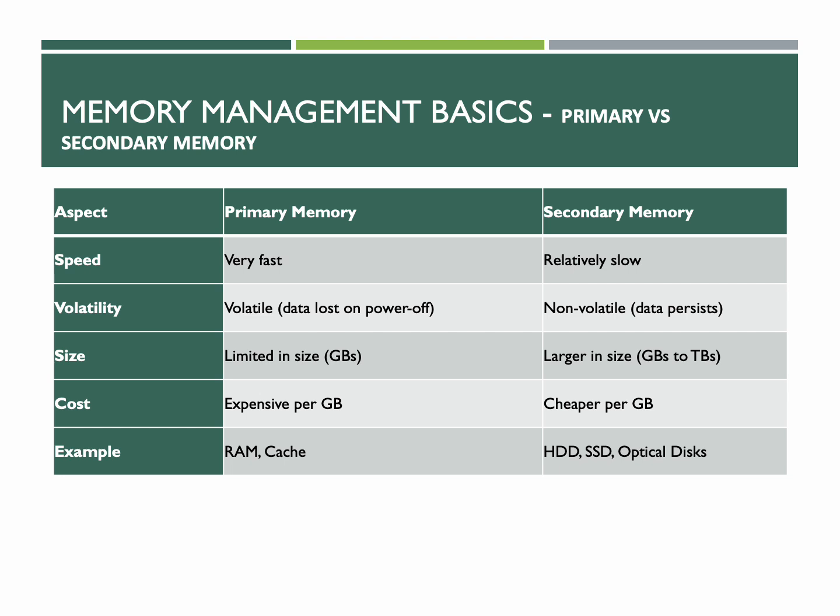Second is volatility. Primary memory is volatile, meaning data is lost when the computer is powered off. It doesn't store anything permanently, so unsaved work in an application is lost if the computer shuts down unexpectedly. Secondary memory is non-volatile, so data persists even when the power is off, and documents saved on your SSD remain accessible after rebooting your computer.